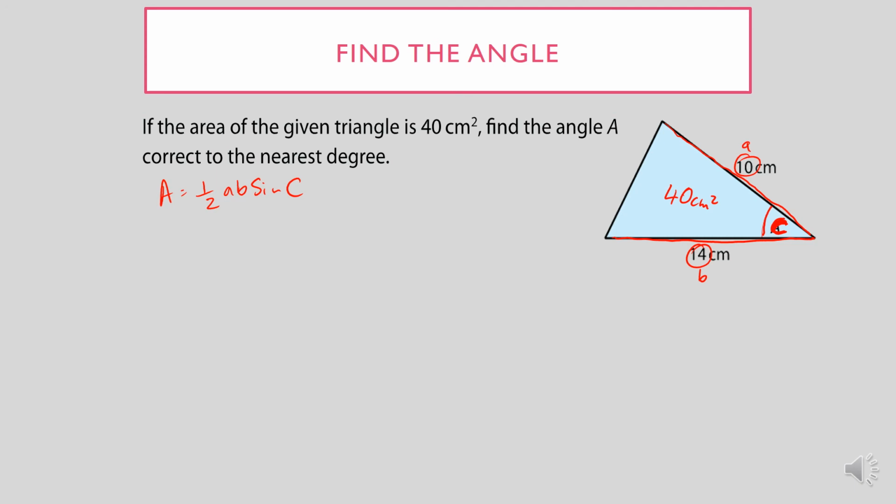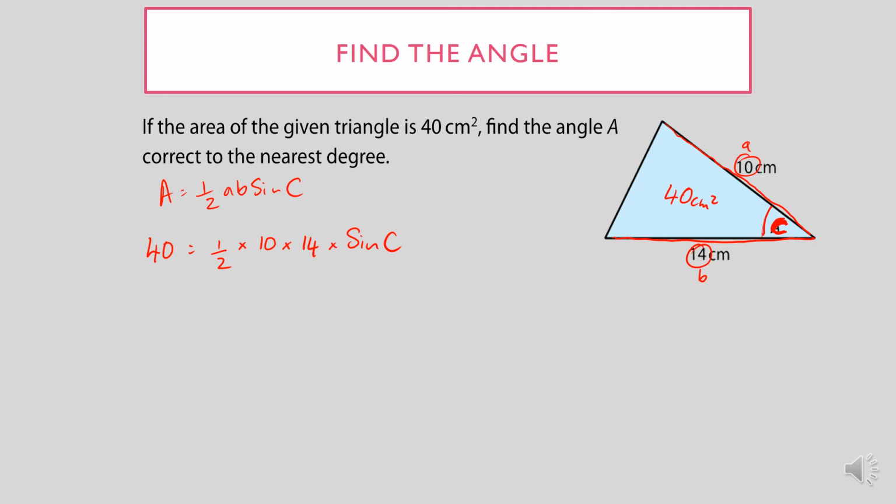Area is 40, half is 0.5, multiplied by A is 10, multiplied by B is 14, multiplied by sine C.